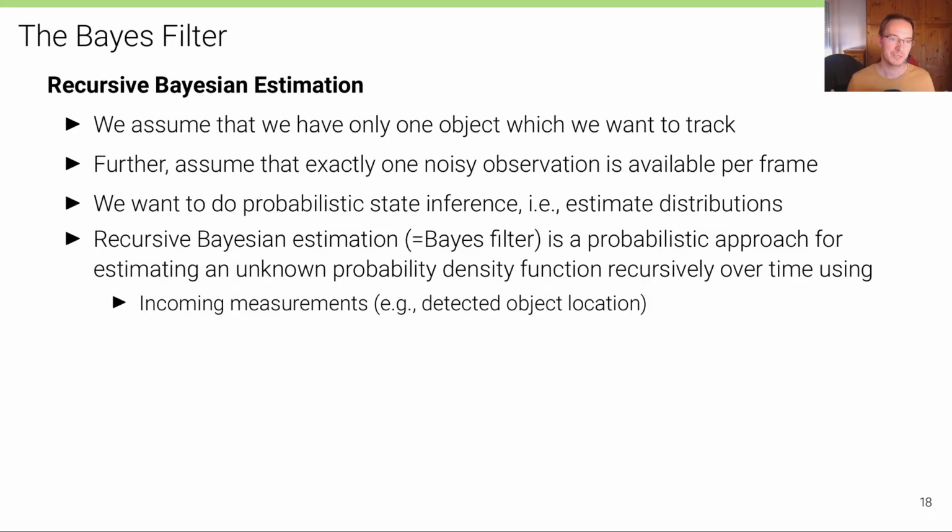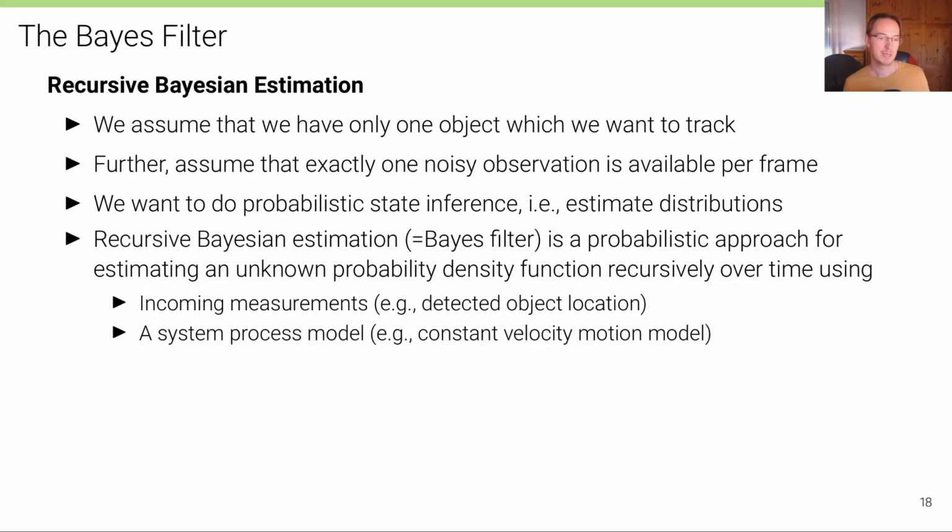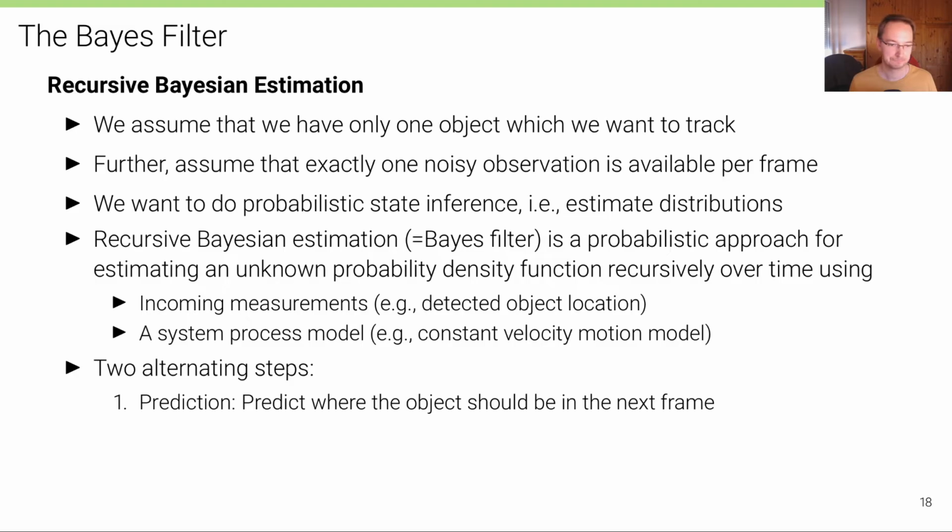And the recursive Bayesian estimation or Bayes filter approach is a probabilistic approach for estimating an unknown probability density function recursively over time using incoming measurements, for example, the detected object locations that come from the object detector, and a system process model, for example, a constant velocity motion model.